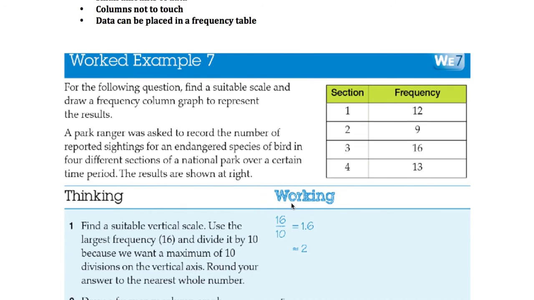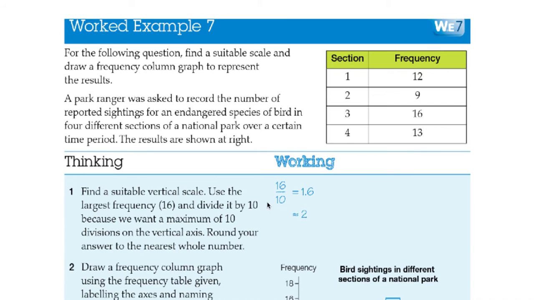Alright, here we have an example where we've got a park ranger who's collecting data of endangered species in a national park. We have 4 sections of the park, and this frequency table shows the data that's been collected.